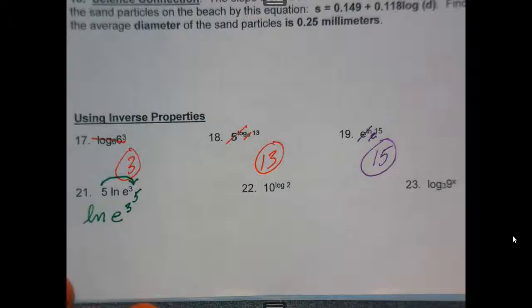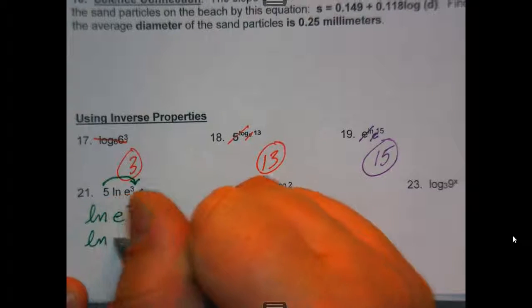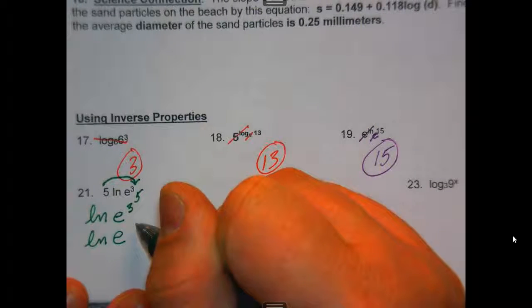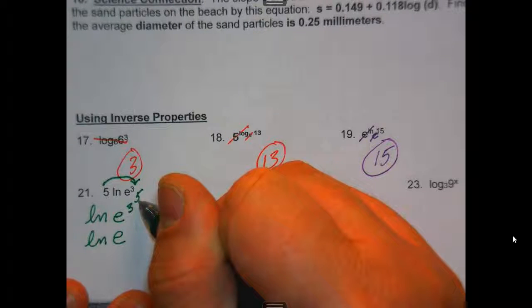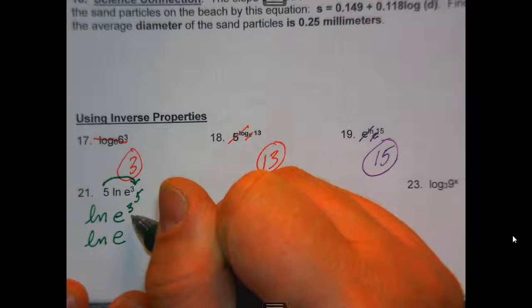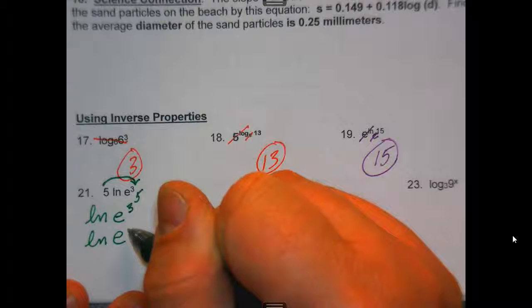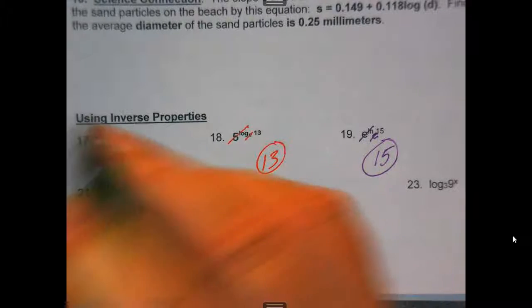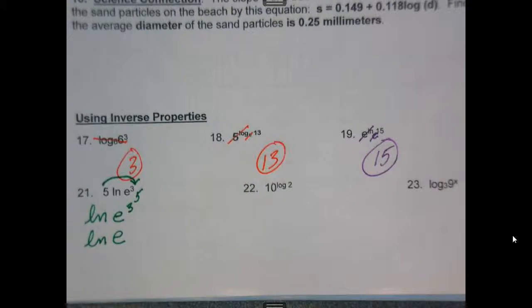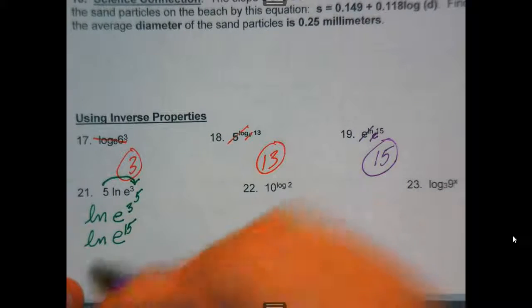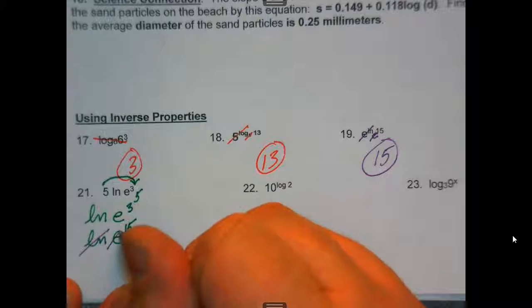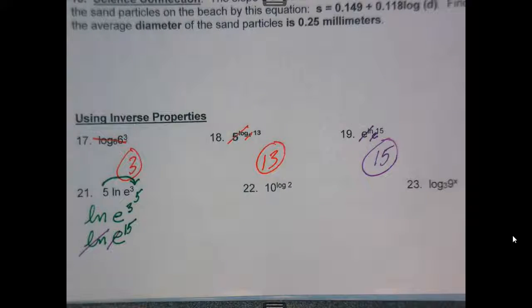What is ln of e to the 3 raised to the 5? How about the exact value? What's 3 times 5? Thank you. Okay, now the natural log cancels out base e. What's my answer?